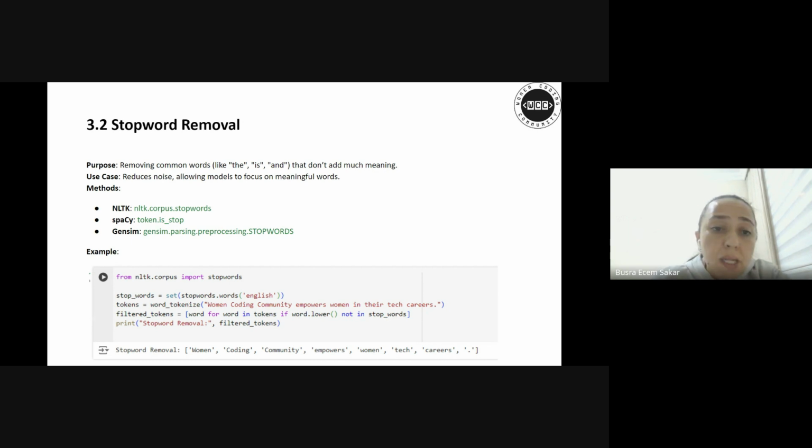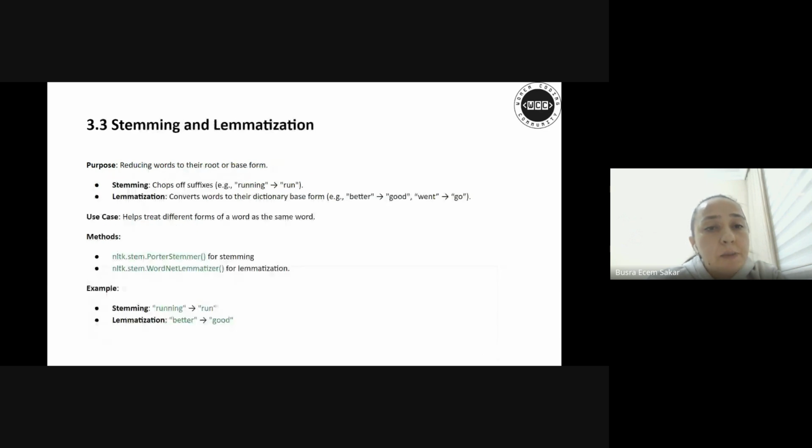So I think this is important. It depends on the application you want to work on. It changes.